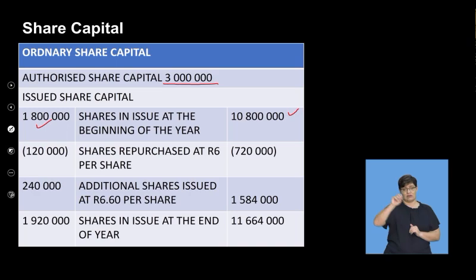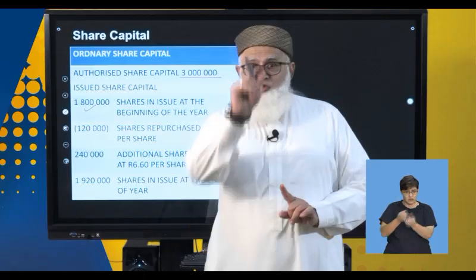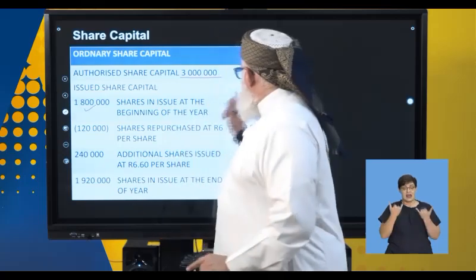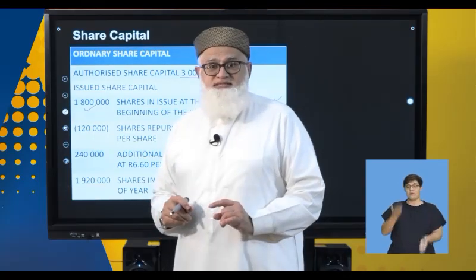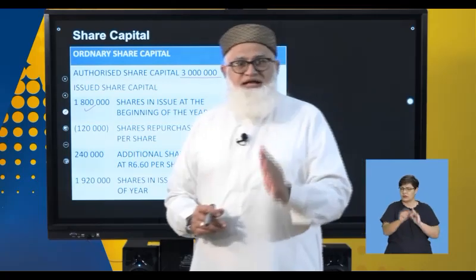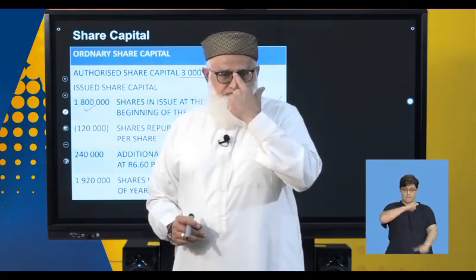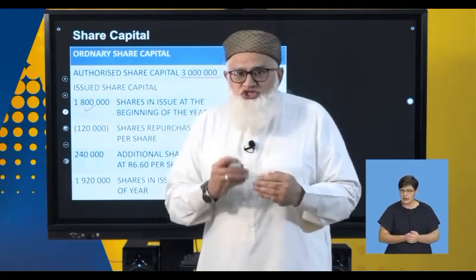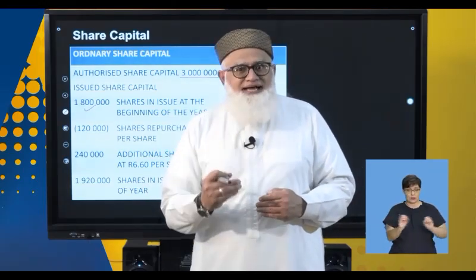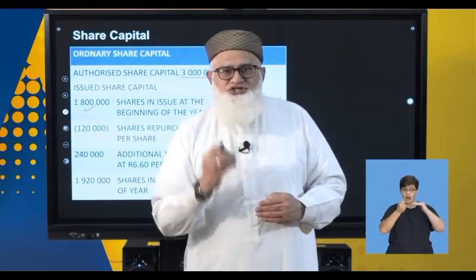Now, this information was not provided to you. You had to calculate the average price in order to determine that opening balance. What's a golden rule regarding the repurchase? If you do not sell any further shares, your average price does not change.